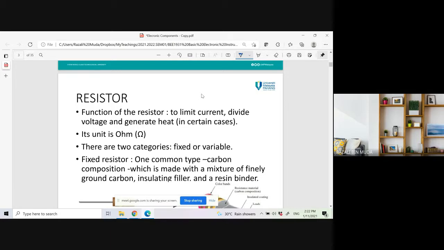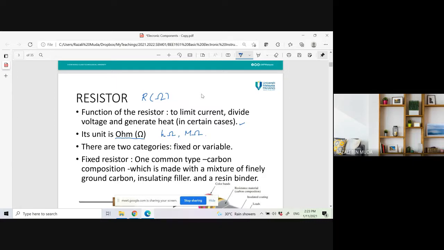Anyway, first is the resistor, R, in the unit of ohm. The function of the resistor is to limit current, to divide voltage, and to generate heat in certain cases. The unit is ohm, normally kilo ohm, mega ohm.